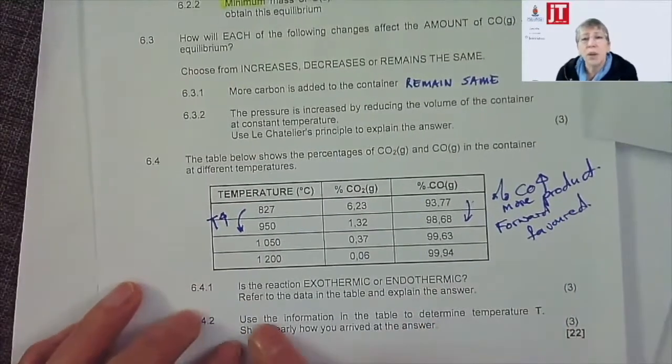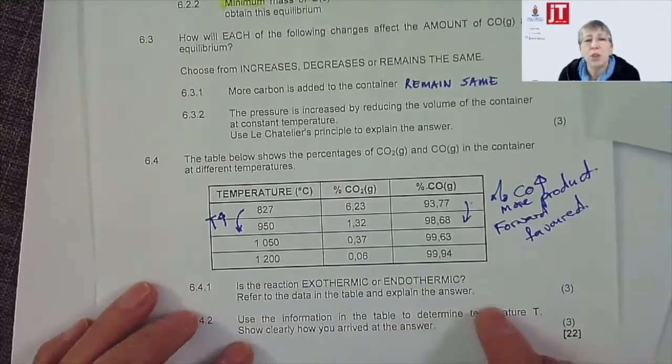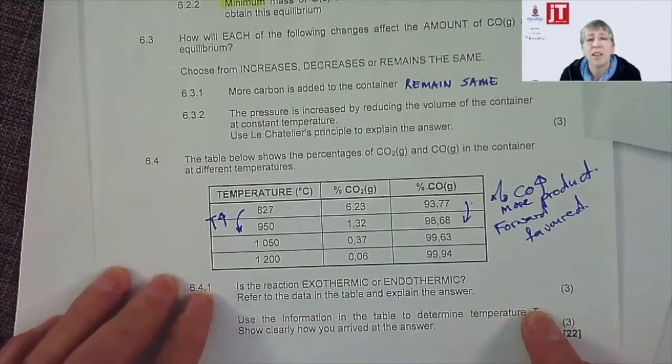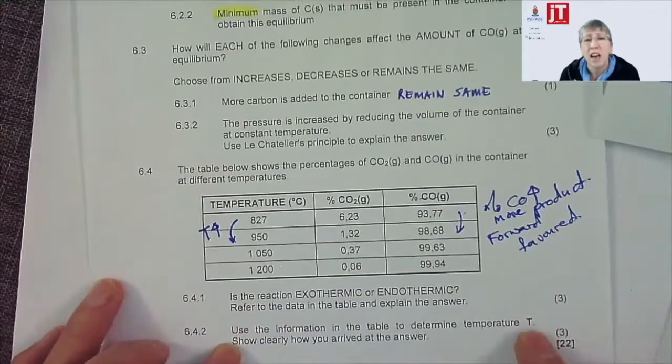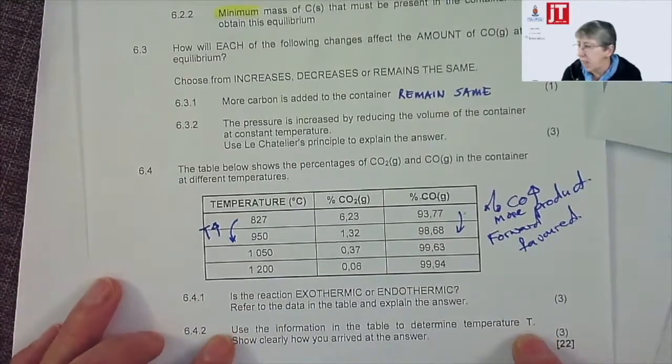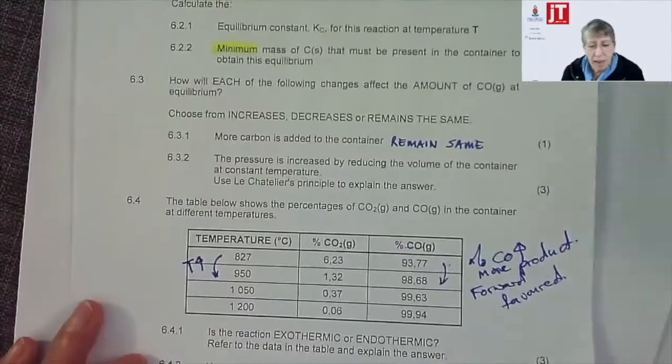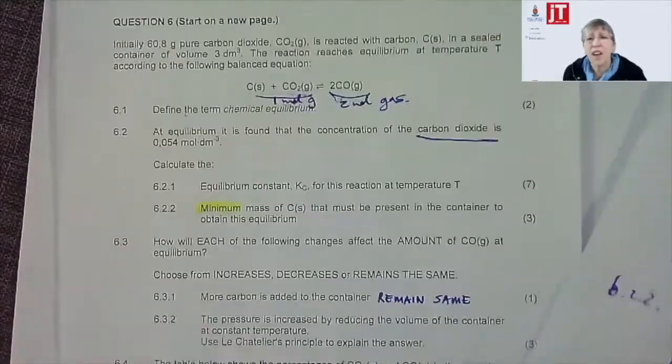Right, next one. Use the information in the table to determine the temperature T. Right, so what can we get from this? Now, what do I already know about T? I already know that T is the temperature of my reaction up there, right?